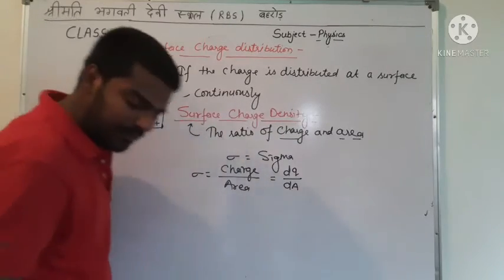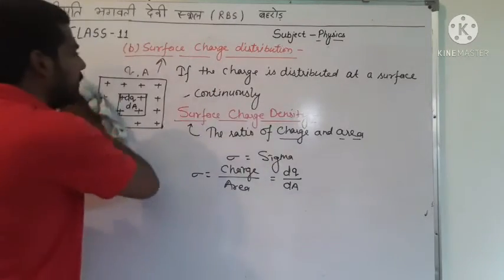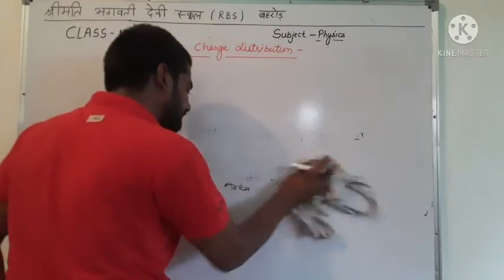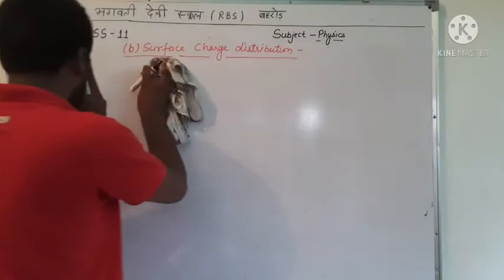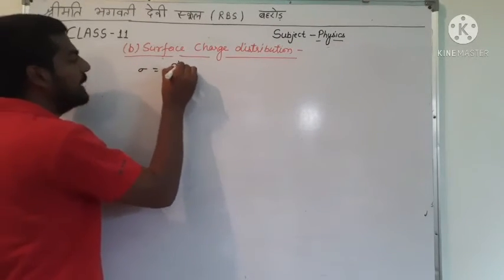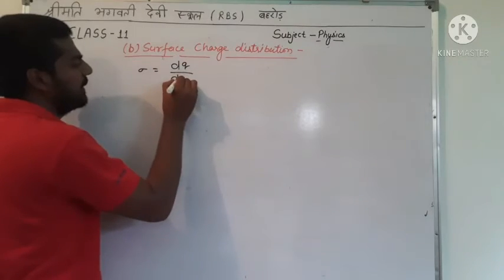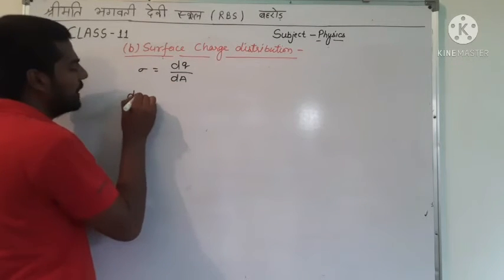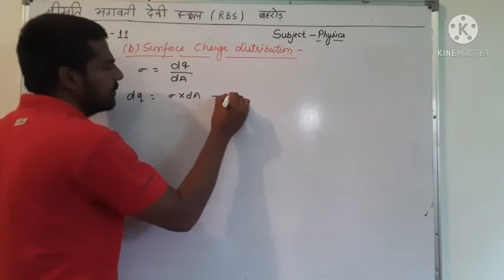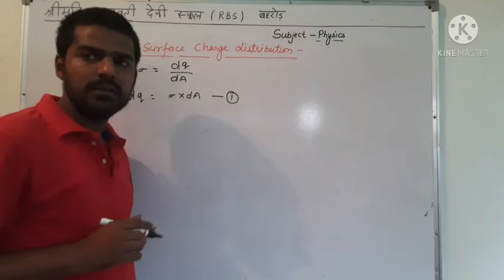So we calculate sigma equal to dq upon dA. If we calculate the value of dq, then it is sigma into dA. Let us call this equation number first.